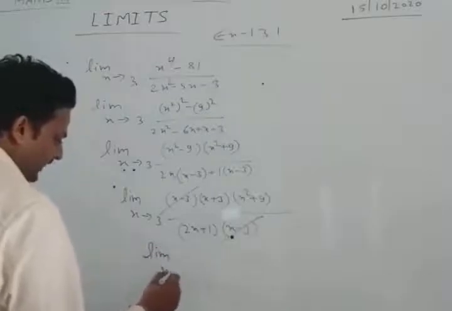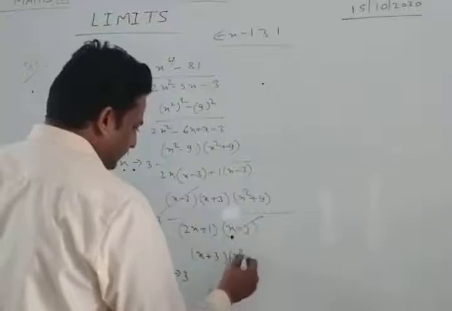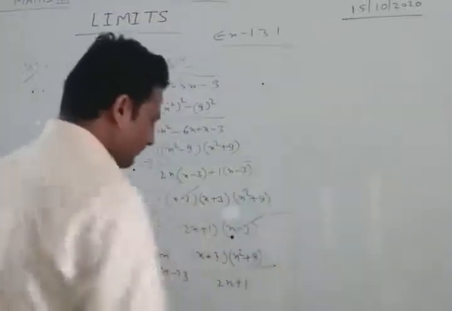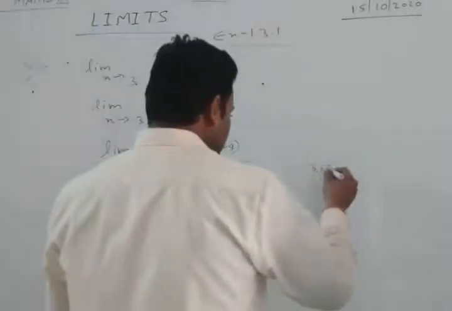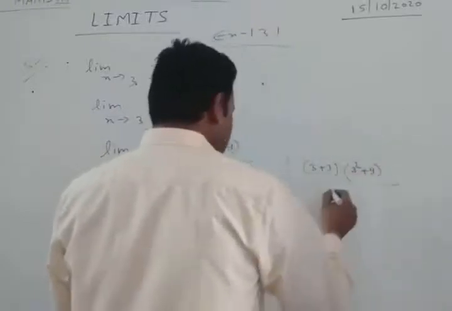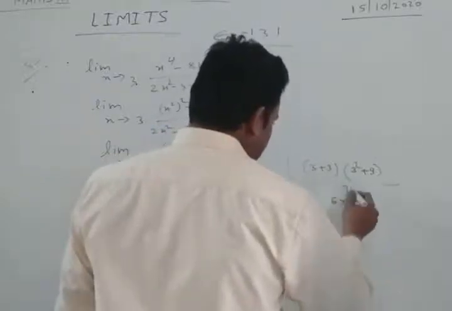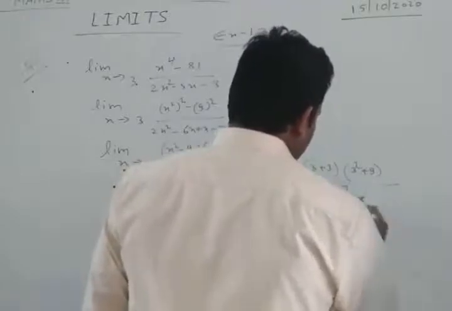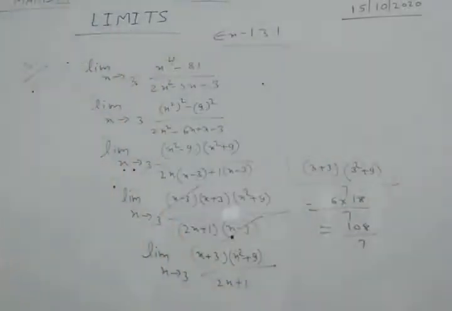We get limit x tends to 3 of x plus 3 times x square plus 9 upon 2x plus 1. Now we put the value of the limit, we get 3 plus 3, 3 square plus 9, 2 times 3 is 6 plus 1 is 7, so 6 into 18 is 108 by 7. It will be our answer.